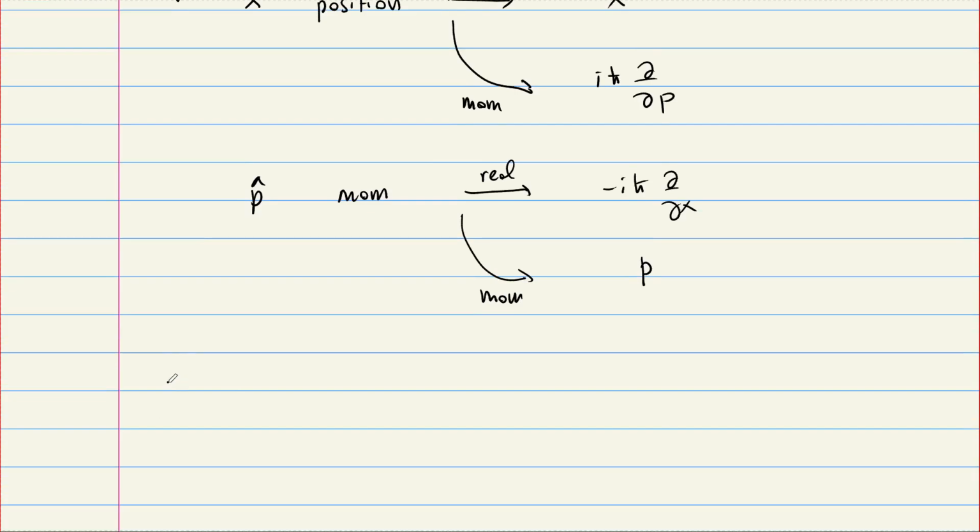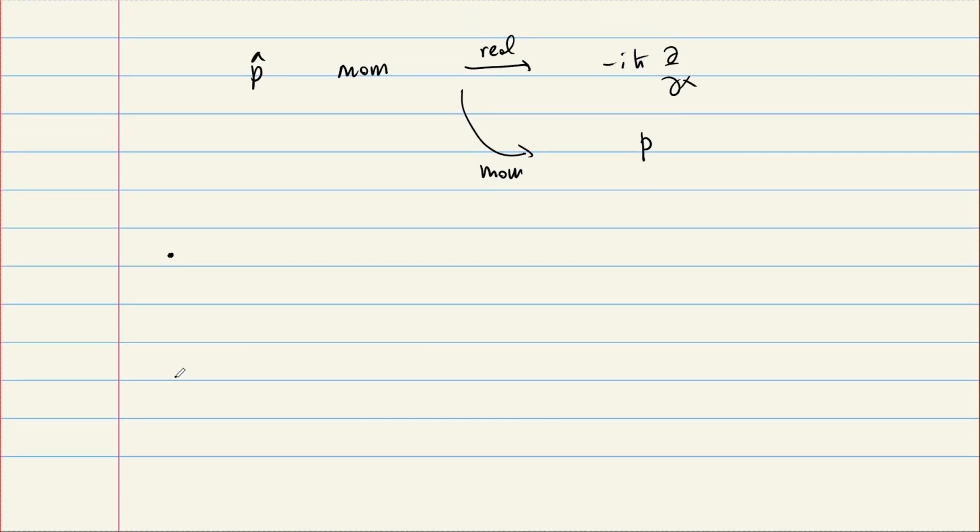There's a little bit of technicality that I should let you know. From a technical point of view, this bra, let's say some bra f, is a linear function. Actually a functional, but the book says function, so I will say function. And what is a function?